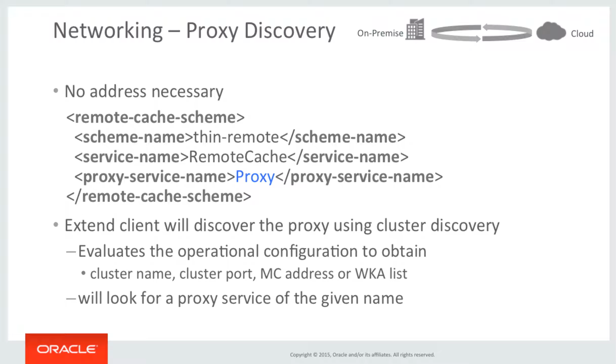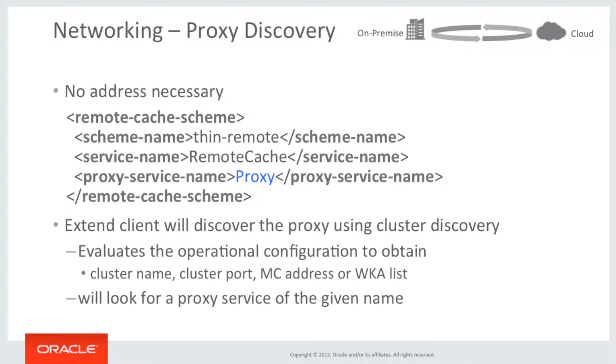And that's still supported in 12.2.1, but the simpler and preferred approach is, as I mentioned before, rely on cluster discovery, and then once the cluster has been discovered, allow the extend client to look up the desired proxy.